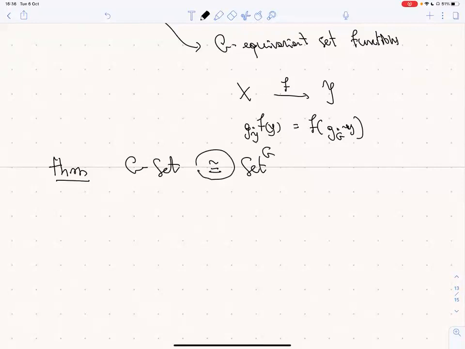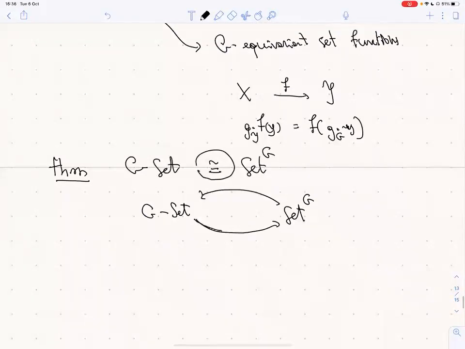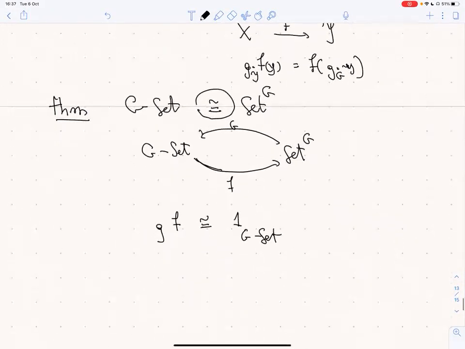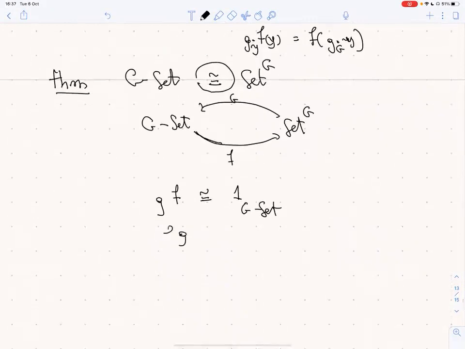So equivalent means that there is a functor in this direction, and there is a functor in the other direction, such that this composition is naturally isomorphic to the identity of this category, and the other composition is naturally isomorphic to the identity of the other category. So this is called equivalence of categories.